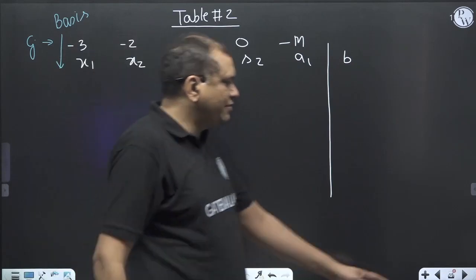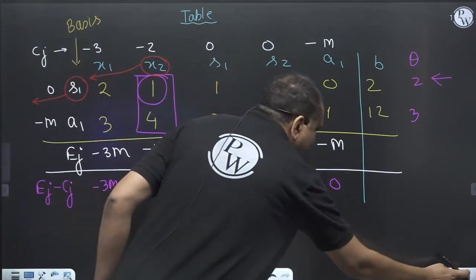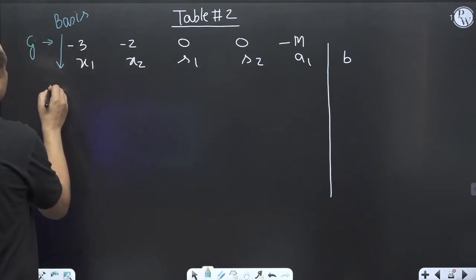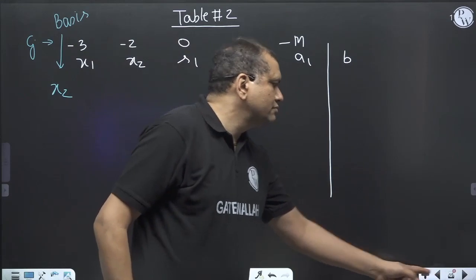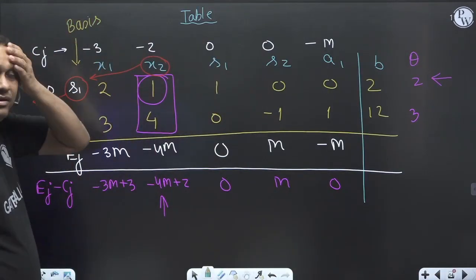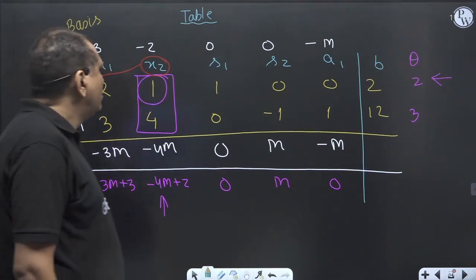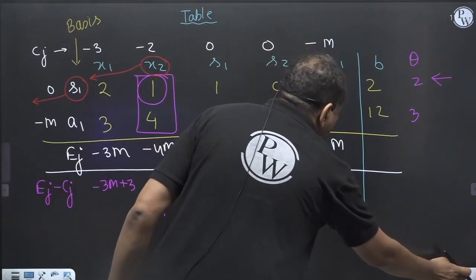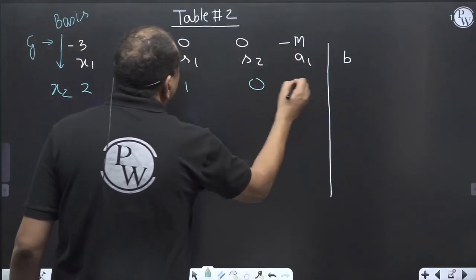What was our decision before? In place of S1, there is X2. The pivotal value is already 1, so we don't have to do anything. Just write the equation as it is: 2, 1, 1, 0, 0, 2.